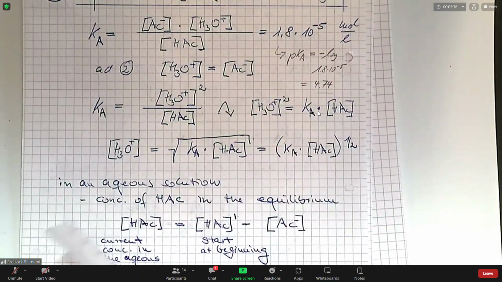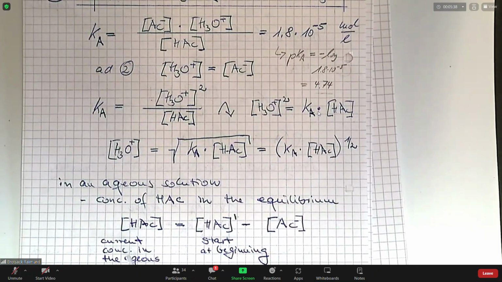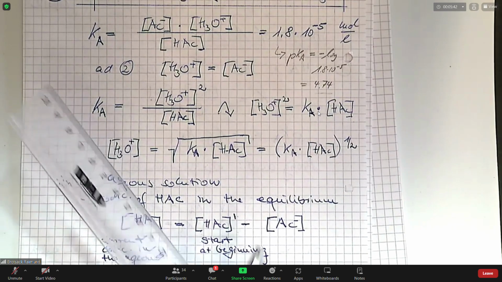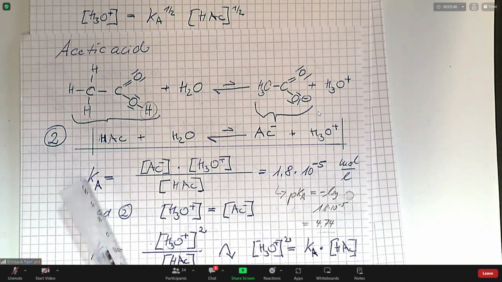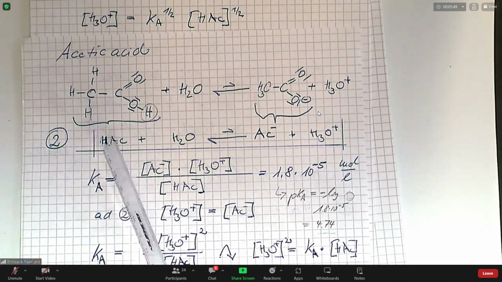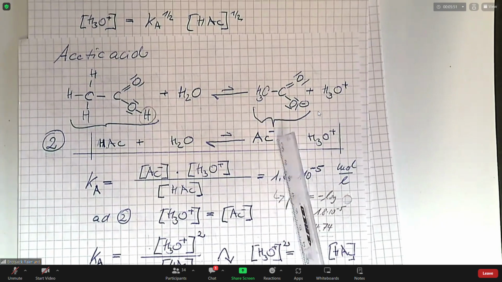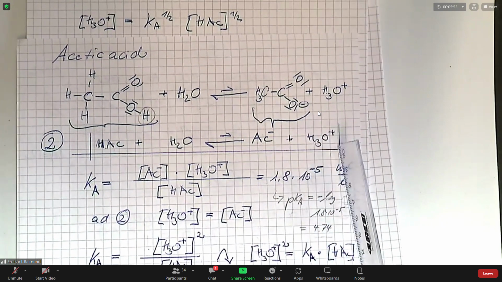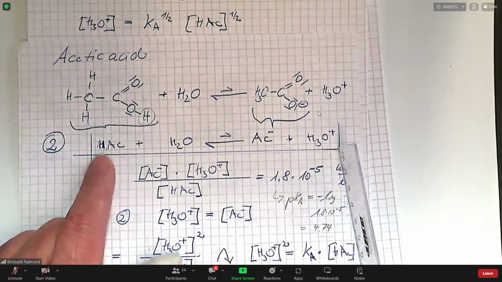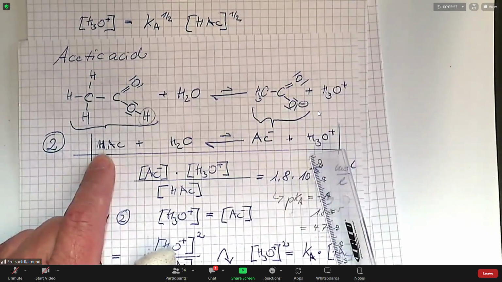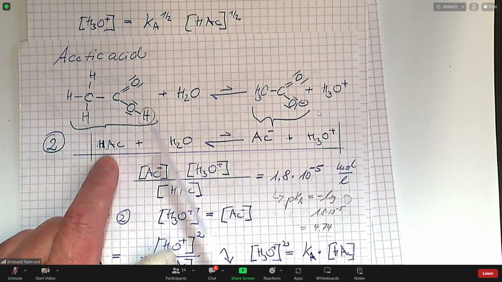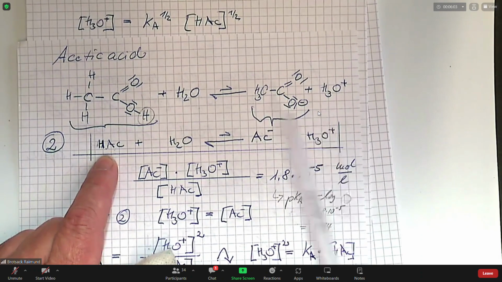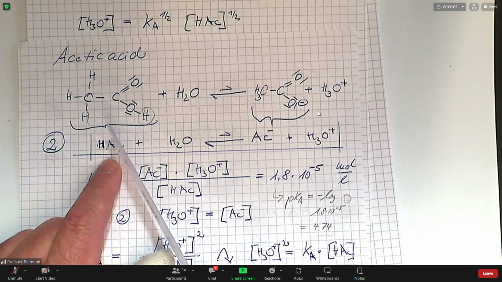Well, we are looking for the initial concentration and the current concentration, because when it is a weak acid, we cannot say that the concentration of the acid is the same as the A- or the H3O+, because only partially it reacted to the right. In a strong acid, it's totally here, so we can say this is similar to that. But we have a weak acid, so quite a lot is here.